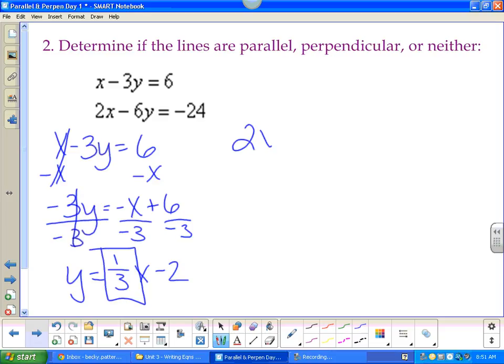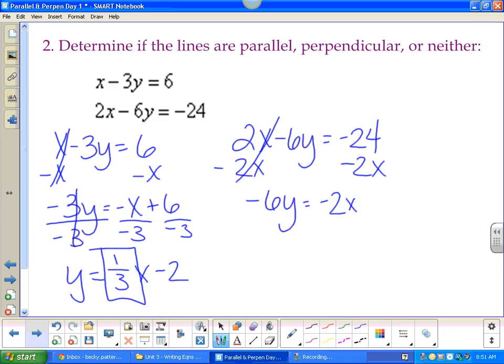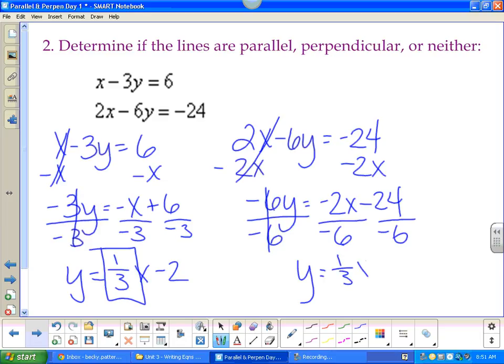Then I'm going to take the other line and solve it for y because I need its slope. So if I look, its slope is 1/3. So since they are the same, these lines are parallel.